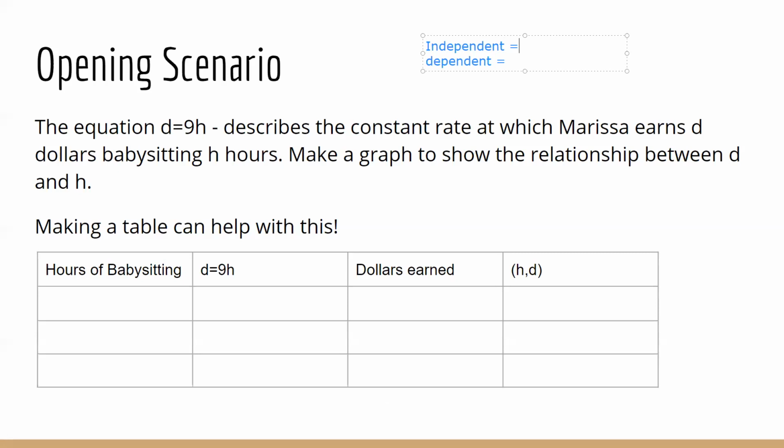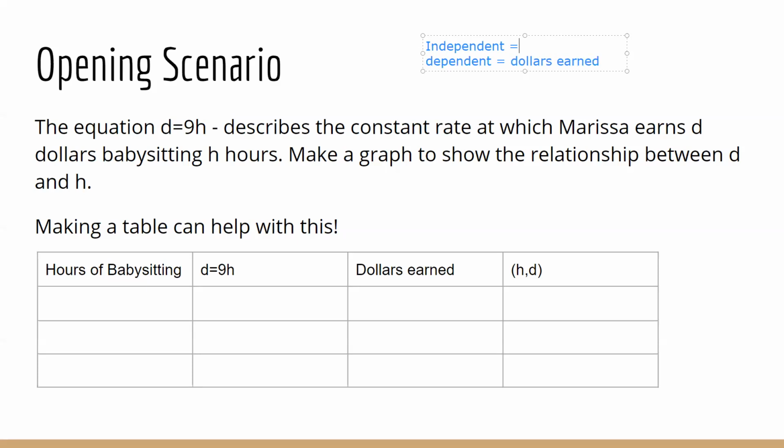So if you think about this question and I have money earned in hours that I'm babysitting, so the amount in which Marissa earns depends upon how many hours she's babysitting. So looking at the equation, the H is right here and the D is it's equal to or my total. So my dependent is going to be the dollars earned, or you can just write dollars or earned.